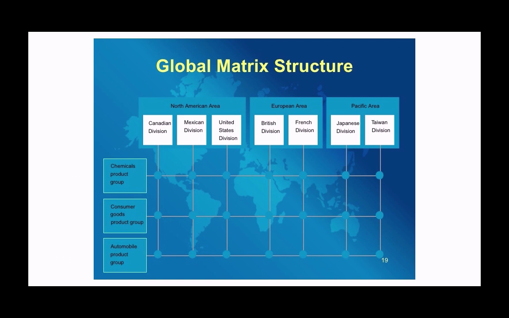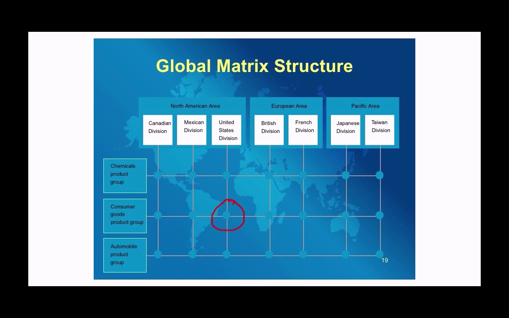So as a product manager, let's say this company is General Mills, and you have been hired as the product manager for Cheerios cereal in the United States. And so you would fit somewhere right in here in this organizational structure.